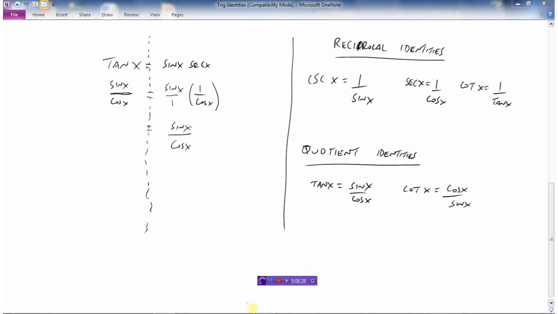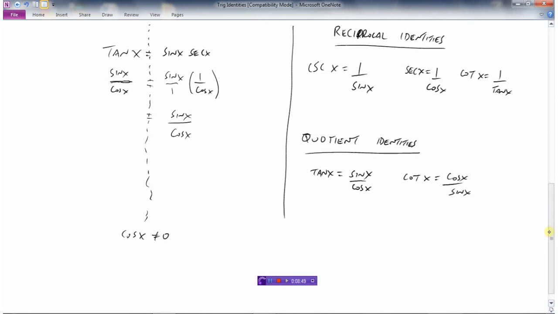Now, of course, there are some values of x that won't work in this expression because we have a fraction here. So sine x divided by cosine x, we know that we can't divide by 0. So that means that cosine x cannot be 0, because if I divide by 0, this identity is going to be a problem.